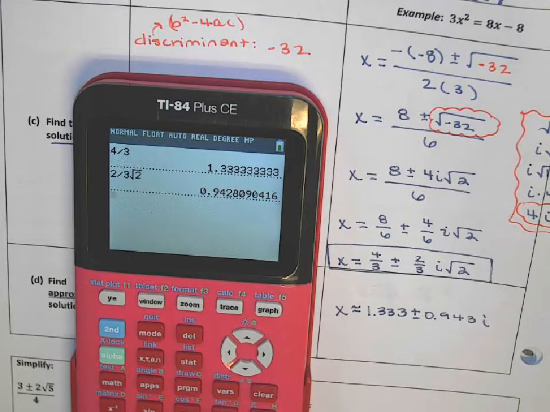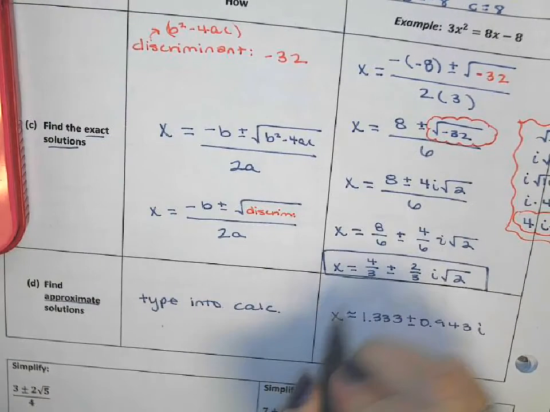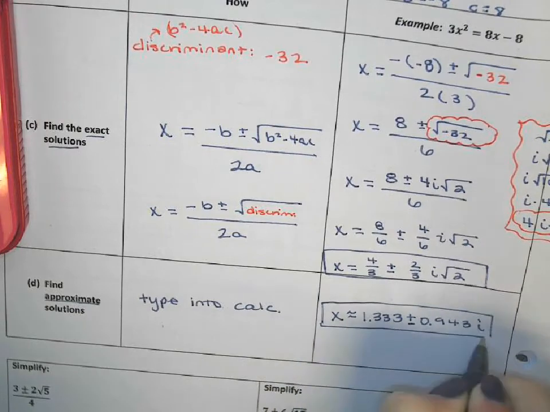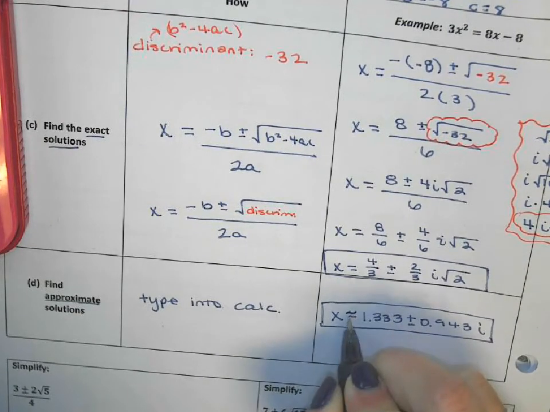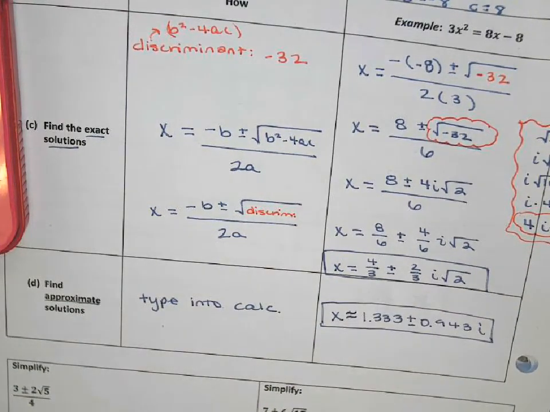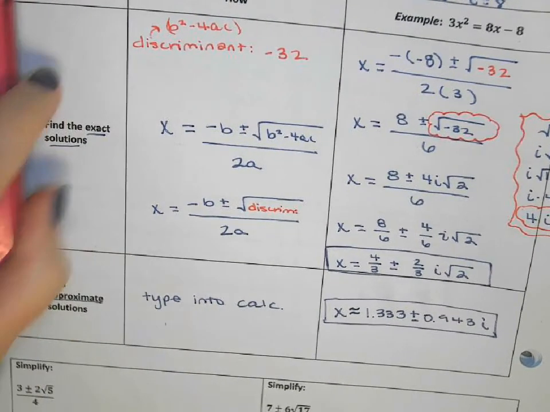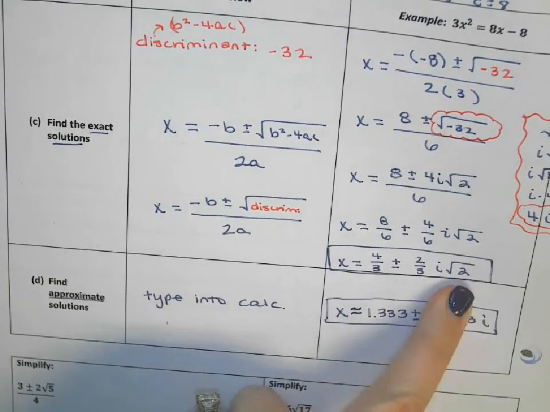So far, so good. That would be your approximate solution. Your approximate is when you have to round. So we write those with a squiggly equal sign here, because we are approximate. Those are not exact. This is an exact solution.